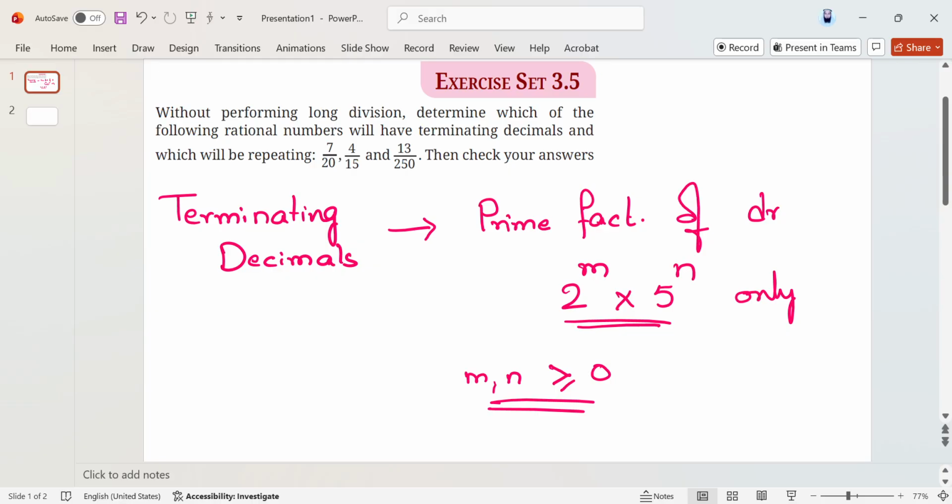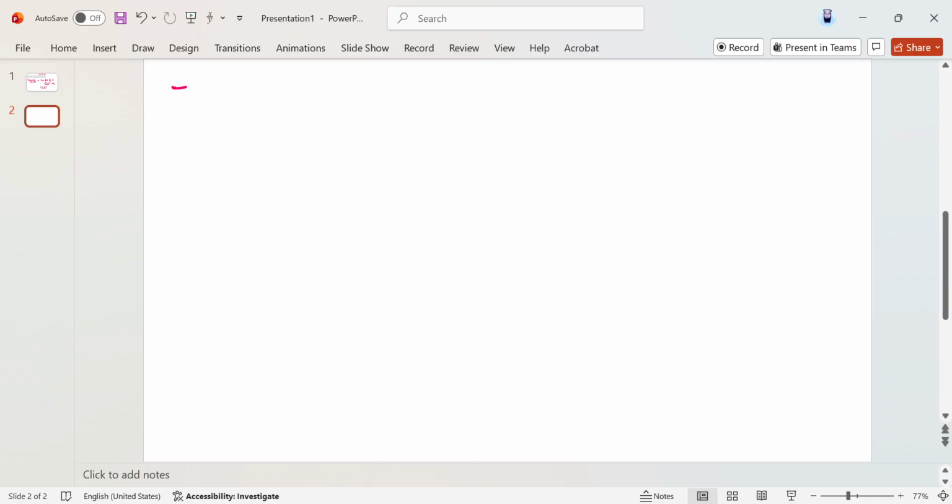This is very important. So 7 by 20. Let us find out the prime factorization of 20. 20 can be written as 2 times 2 times 5, so that is equal to 2 square multiplied by 5 to the power of 1.